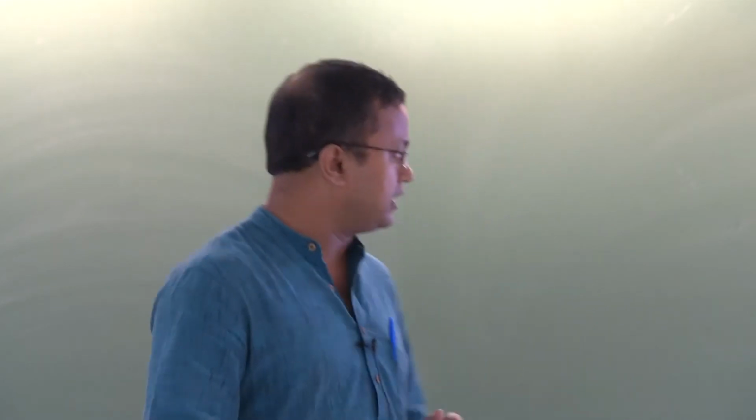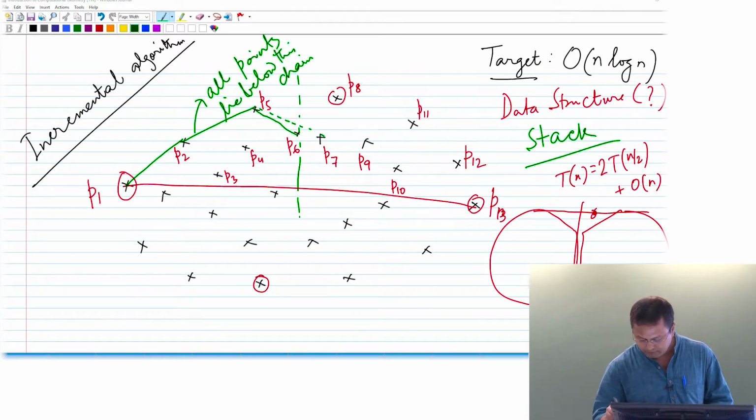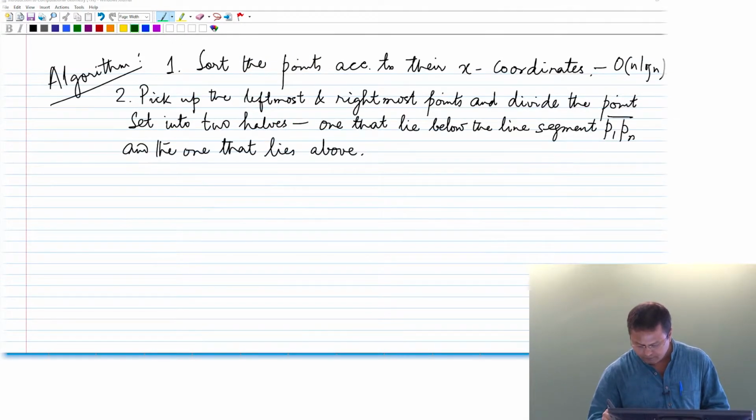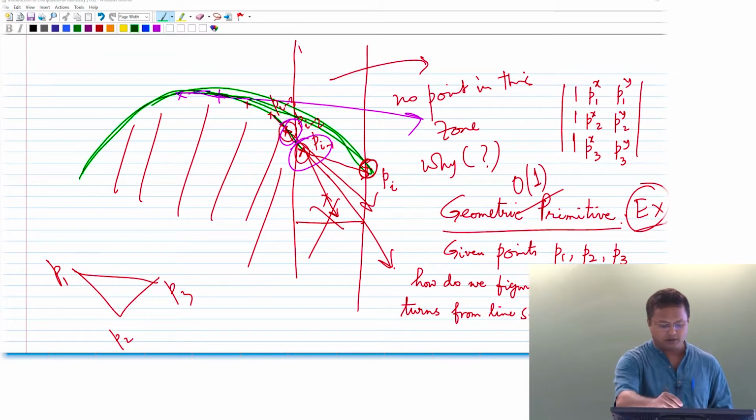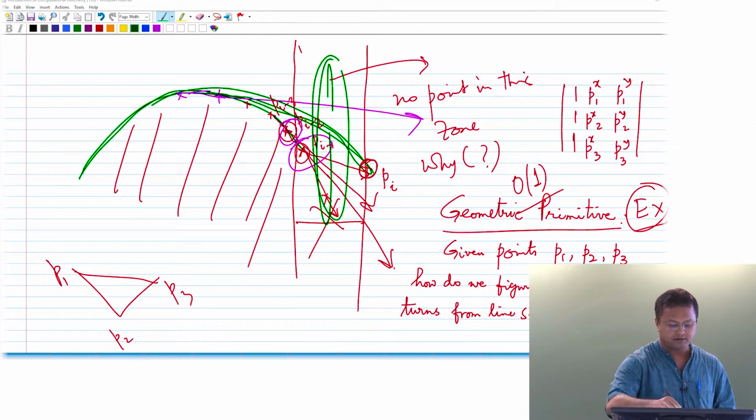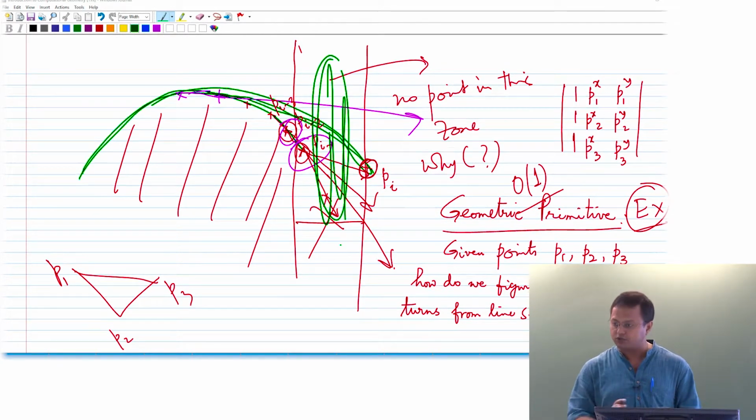That is by construction; my algorithm design has enforced it. So, all points are going to lie below, and I had already argued that in this zone there are no points. So, by induction you can understand that this algorithm is correct.